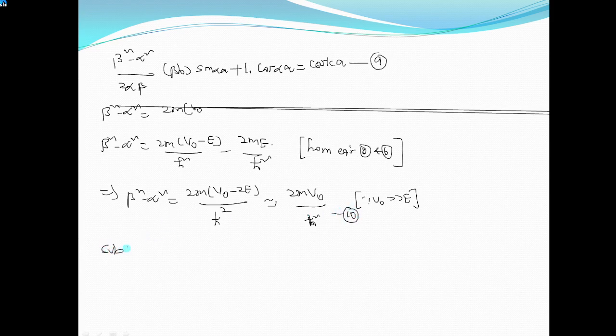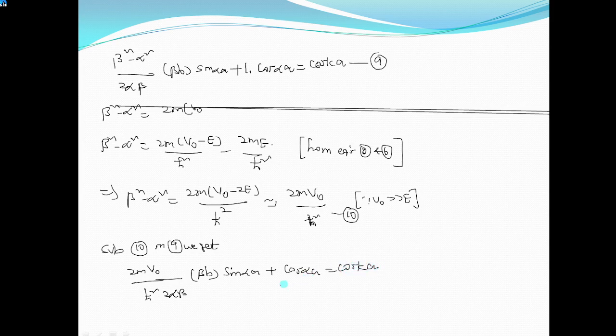So substituting 10 in 9, we get beta square minus alpha square means 2m V naught by h cross square divided by 2 alpha beta into (beta b sin alpha a plus cos alpha a), which is equal to cos k.